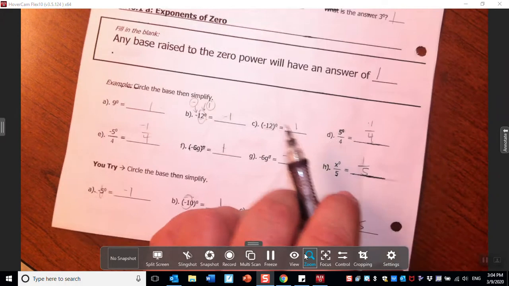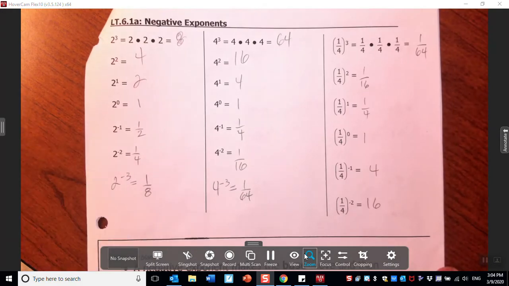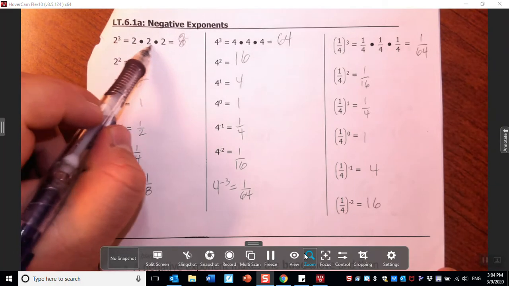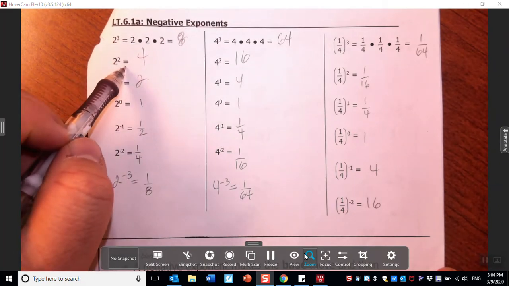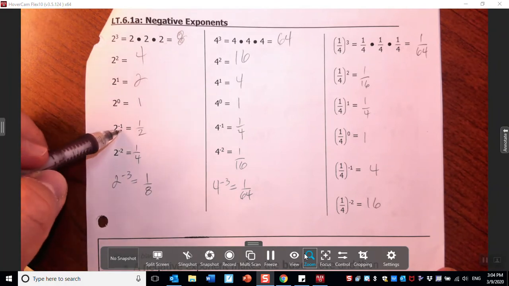All right, moving on. Now we have negative exponents. We've already done these: 2 to the 3rd, 2 squared, 2 to the 1, 2 to the 0, but we haven't done negative exponents.